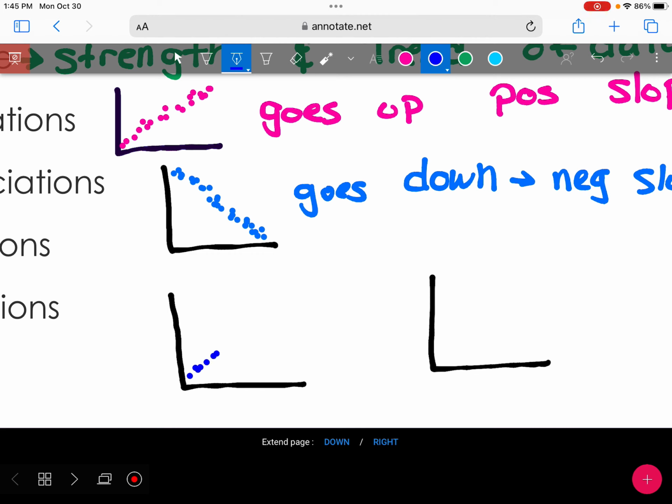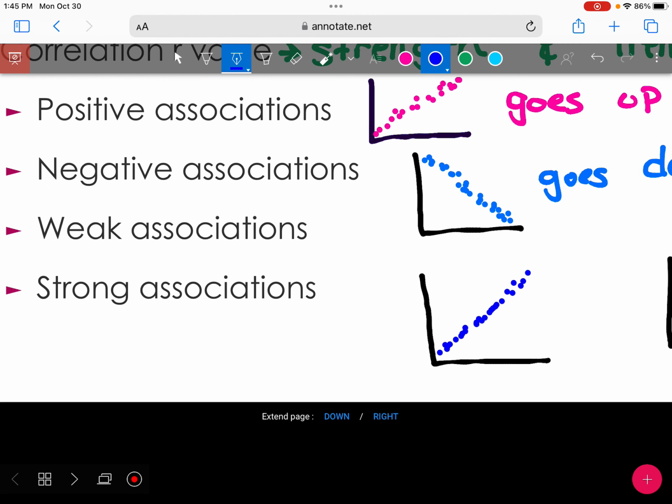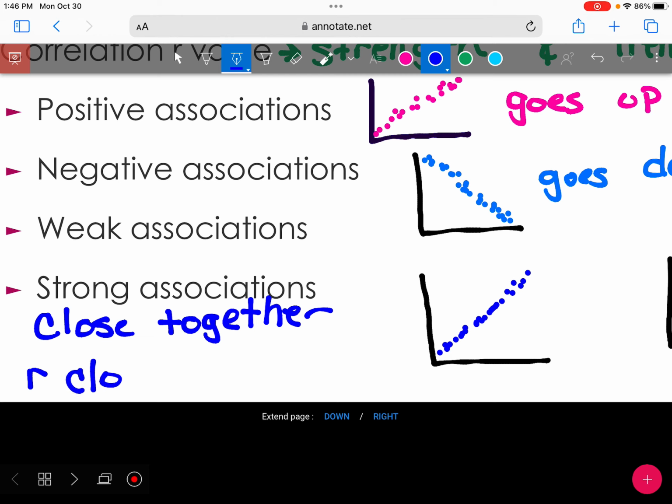So we're going to have something like this, and then something like this. So which one of these is a strong association, the dark blue or the light blue? The dark blue. So for a strong association, close together dots. They're closer to the line. What that means is R is closer to 1.